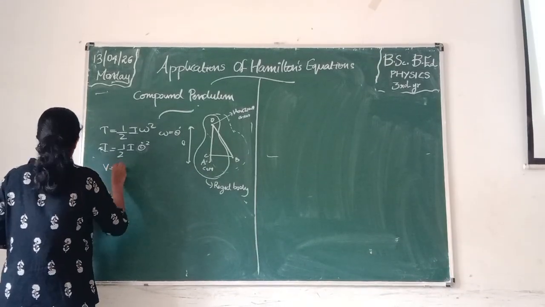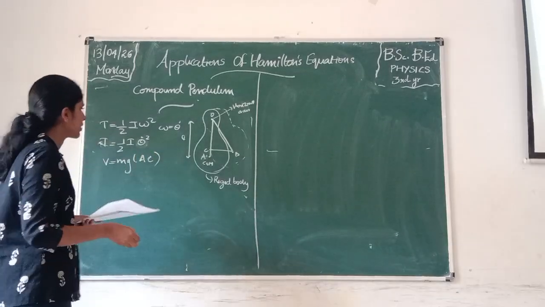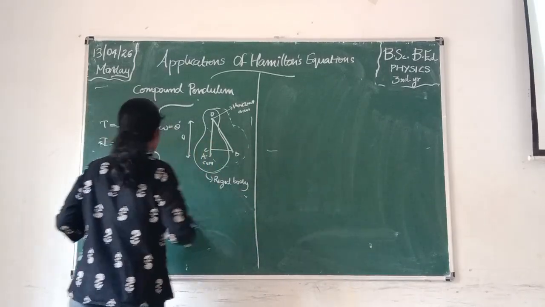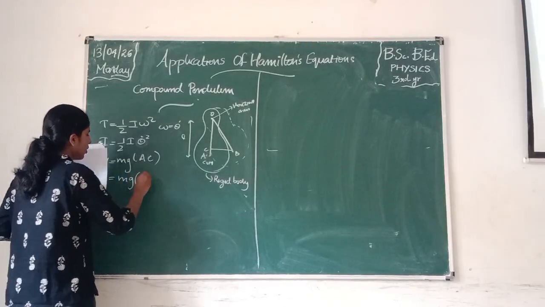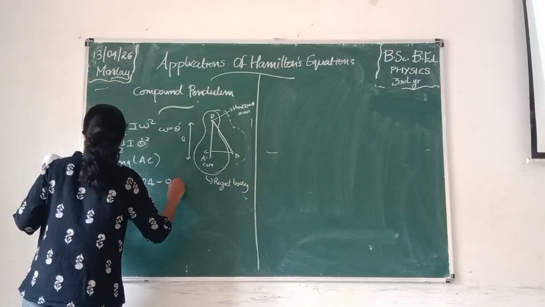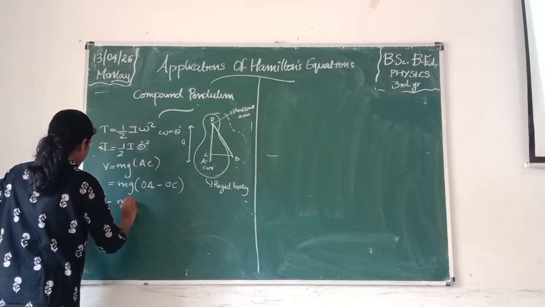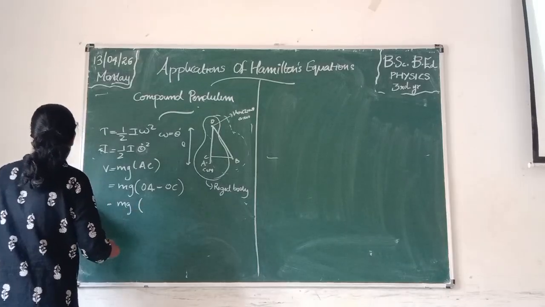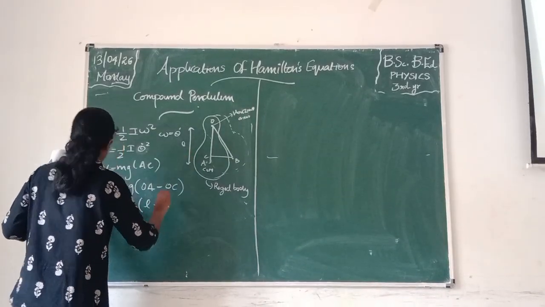Potential energy is V is equal to mg into AC. What is it? This is AC. So how can we find AC? mg into OA minus OC. That will give AC. So mg into that is L minus L cos theta.